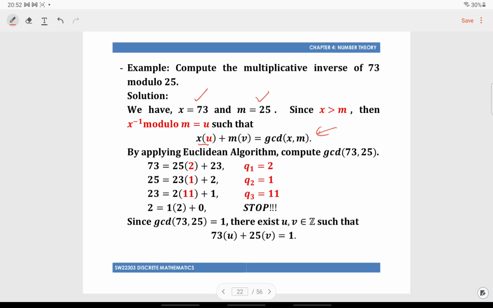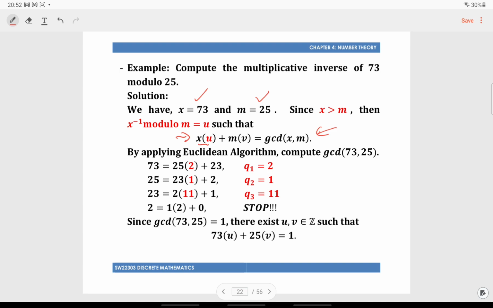Alright. So now we proceed with the extended Euclidean algorithm because we cannot guess the values for u and v which satisfy this equation. By applying the Euclidean algorithm, before I forget, this question doesn't specify the way to solve this problem. That means if you can guess, then you can guess.